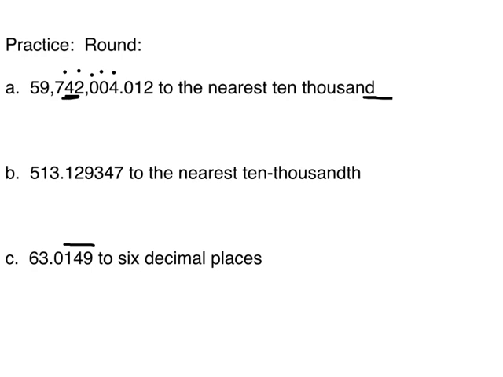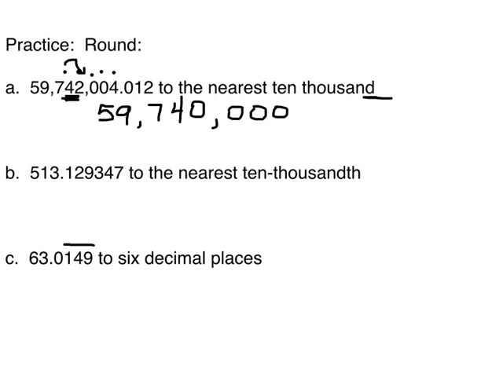So the 4 is the one I'm going to be working on, and I look to the right, and that's a 2. So I'm going to round it by doing 59,740,000. Everything after this number is going to become a 0. 740,000. And then nothing after the decimal.